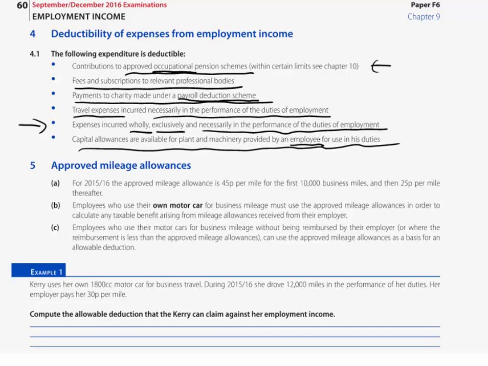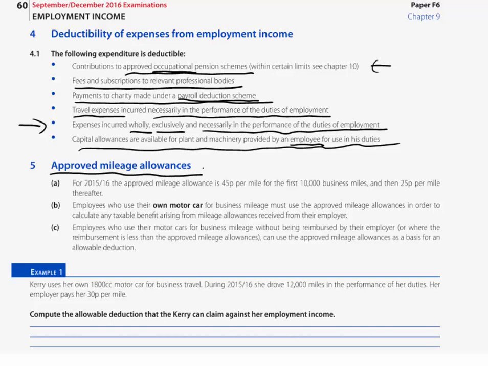But where you may have rather more interesting work to do on a travel expense is maybe where you use your own car for business purposes. And what there are then, when you use your own car for business purposes, are approved mileage allowances that may be paid to you as recompense to you from your employer for the use of your own car.